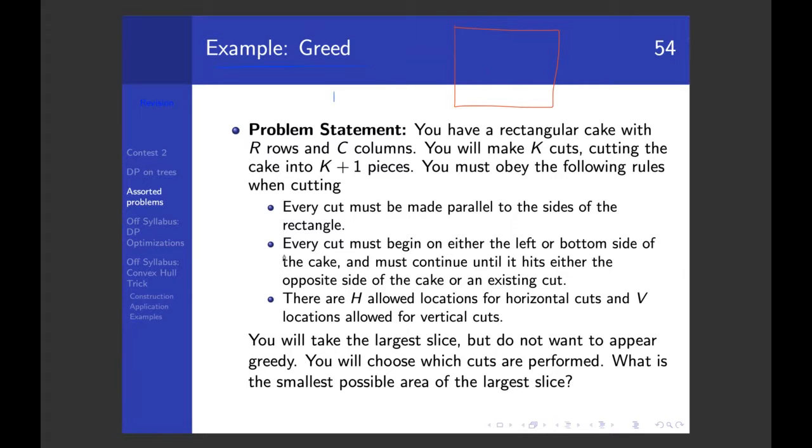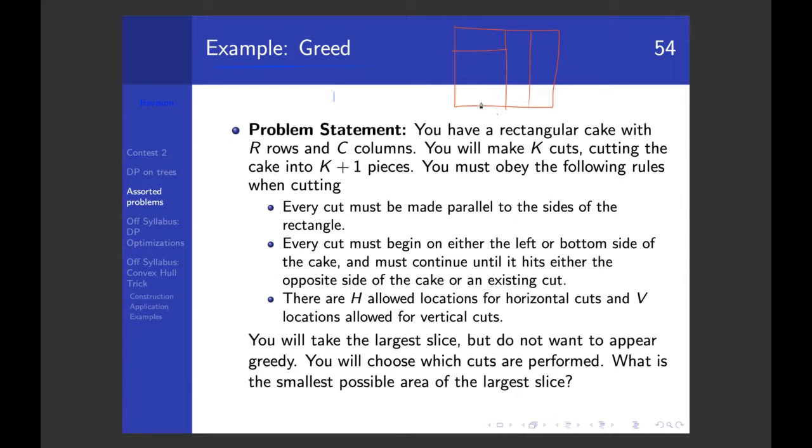Step 2, each cut must begin either on the left or the bottom and continues until it hits the opposite side of the cake or an existing cut. What does this mean? Cut 1, we can start here, for example, and we keep going until we hit here. But now, if we cut from this side, we keep going till we hit here, and we stop cutting. And now we might cut here.